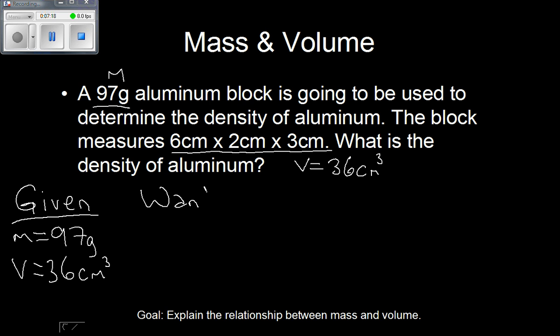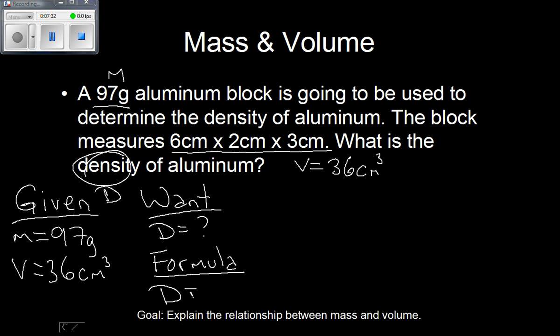We also want to, in step 1, identify what the problem wants. In this case, that's density. And in step 2, identify what formula we're going to be using. Again, since this time our formula is written exactly as it is on our reference table, we don't need to worry about our triangle, although you could use it if you wanted to.